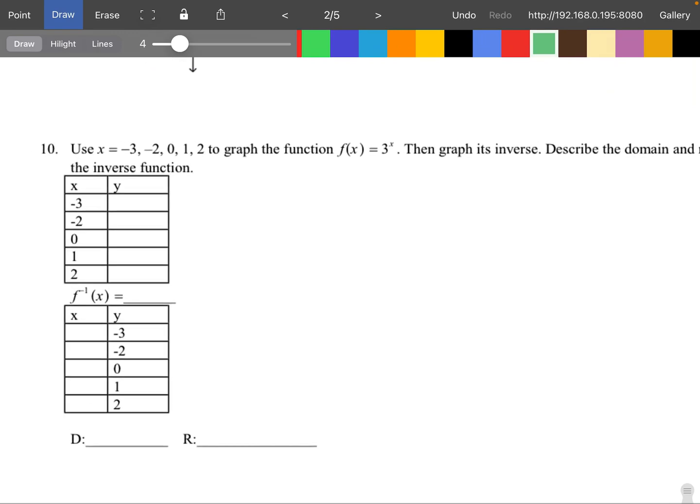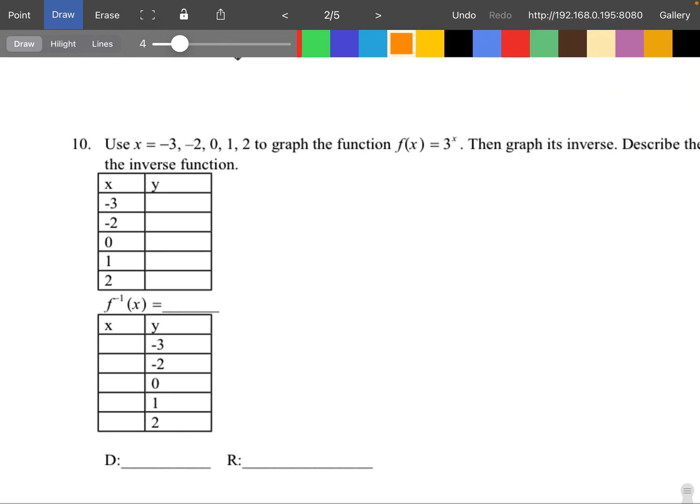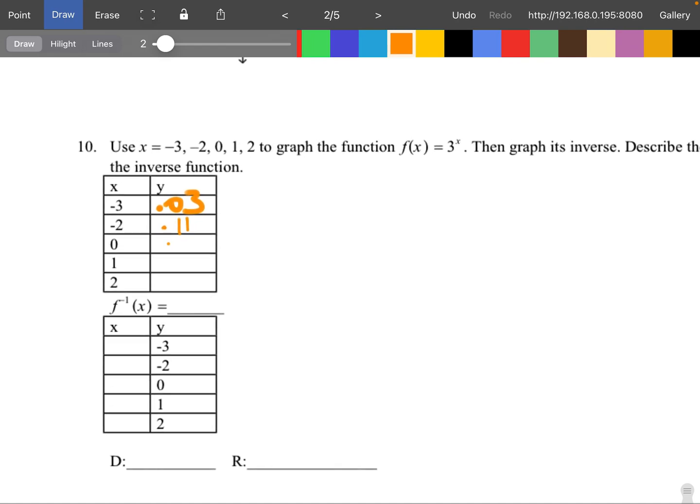So it's going to be 0.00, it's going to be hard to write this all, 0.03. Then -2 is 0.1 repeating, so I'm just going to write 0.11. -1 is 0.3 repeating, so I'll just write 0.33. 1 is 3, and 2 is 9.